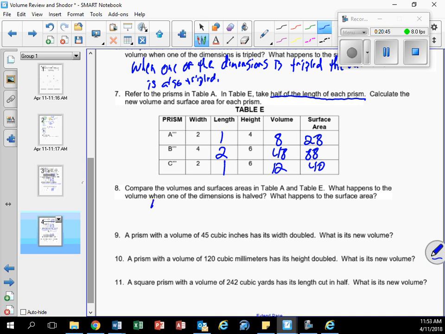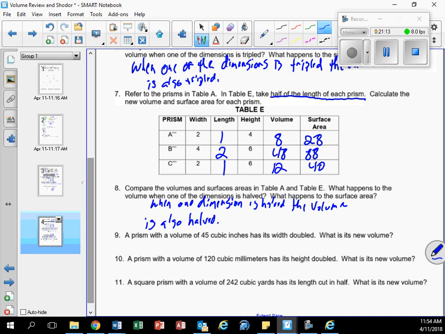So when one dimension is halved, the volume is also halved. So the basic overall premise is this.